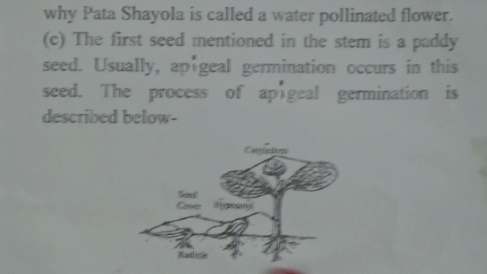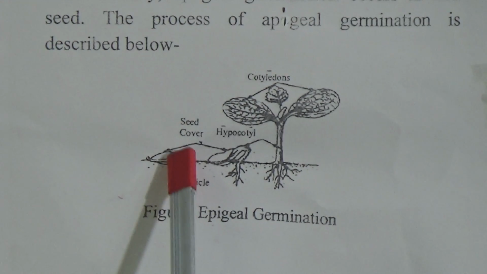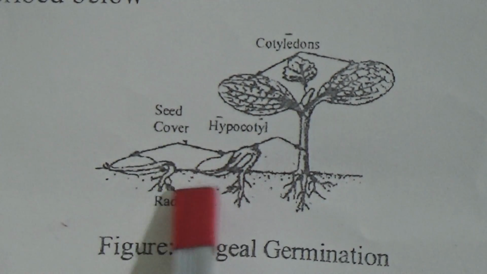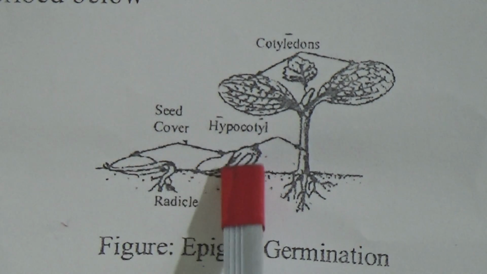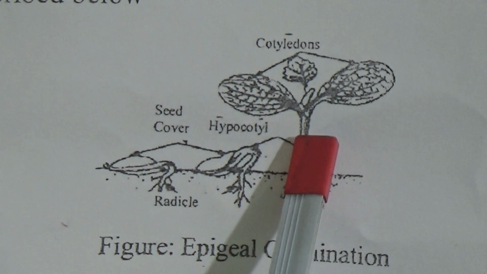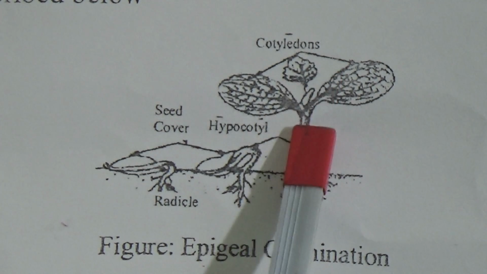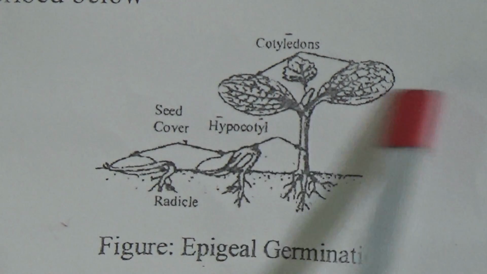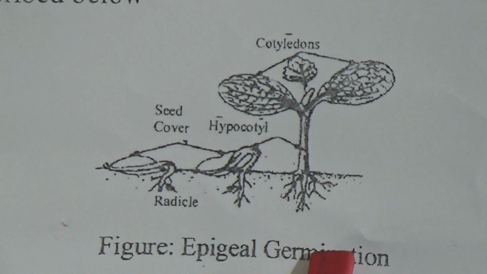Look at the picture. This is the paddy seed and the radicle comes out, and now the hypocotyl is coming out from here, and from the hypocotyl the cotyledons come out. Here the shoot comes out and the roots go under the ground. It is called apical germination.